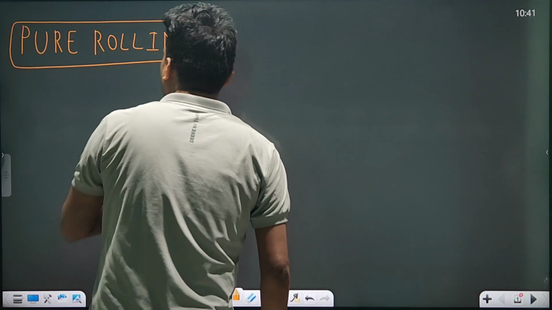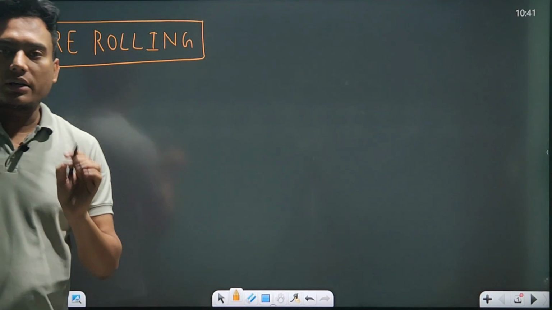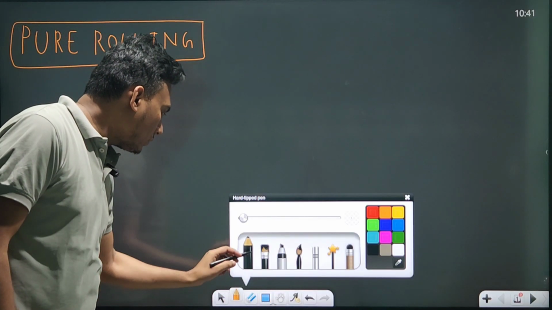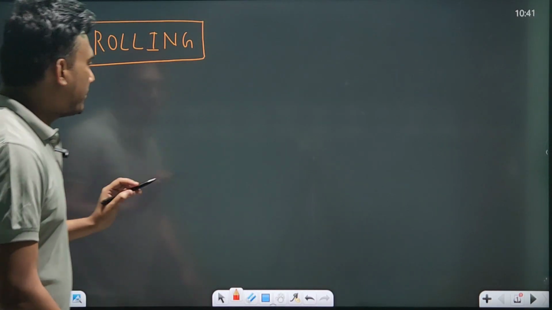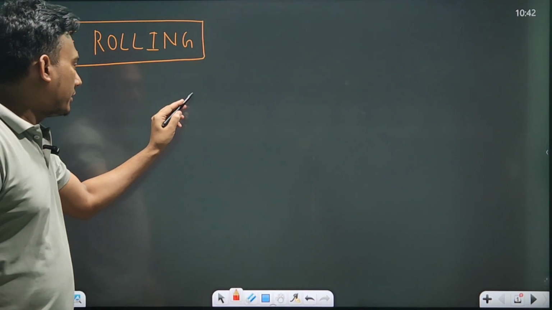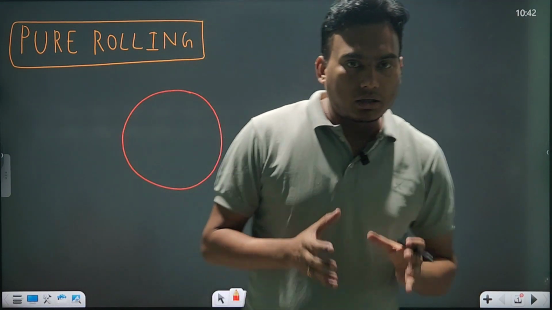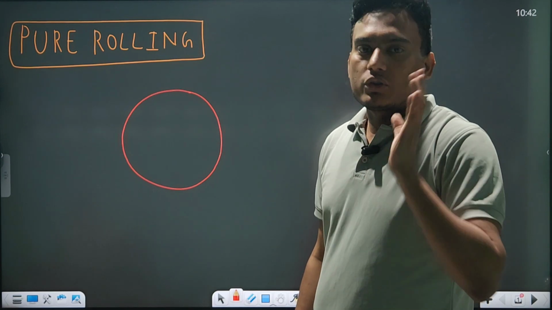Before pure rolling, we have to understand the concept of rolling. What is rolling? My dear, look at the board. Suppose we have a wheel of a car like that. The wheel is in a rolling motion.